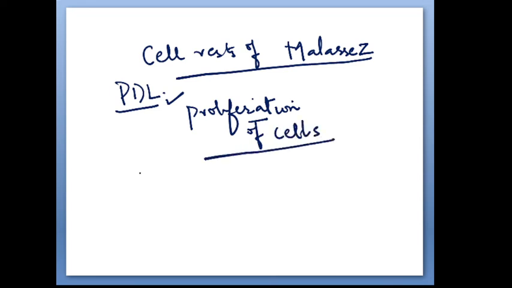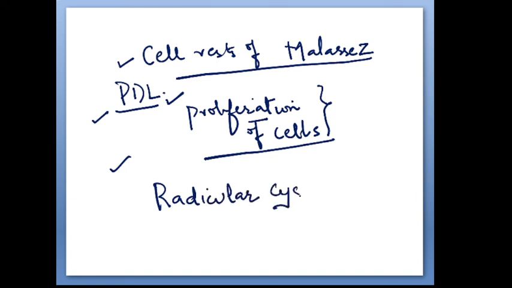We have to remember that these rests are products of odontogenic epithelial cell rests. Now, it is an important mechanism for formation of radicular cyst. Radicular cyst is mostly seen in periapical regions.